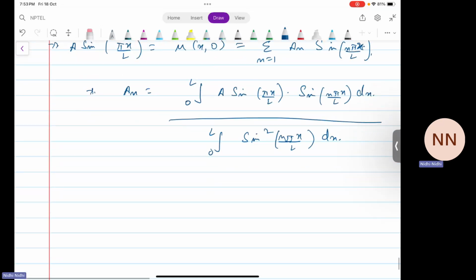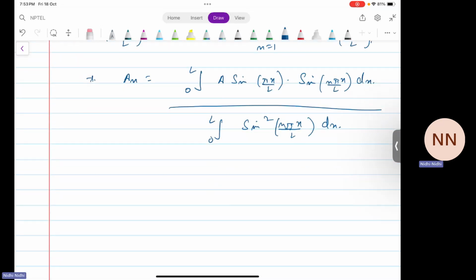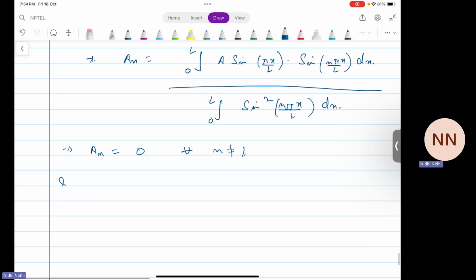These are basic integrations. We know that the numerator will turn out to be 0 for every n not equal to 1, and for n equals 1 it is just a sine square pi x by L. So a_n is 0 for every n not equal to 1, and a_1 is a times the integral 0 to L of sine square pi x by L dx.